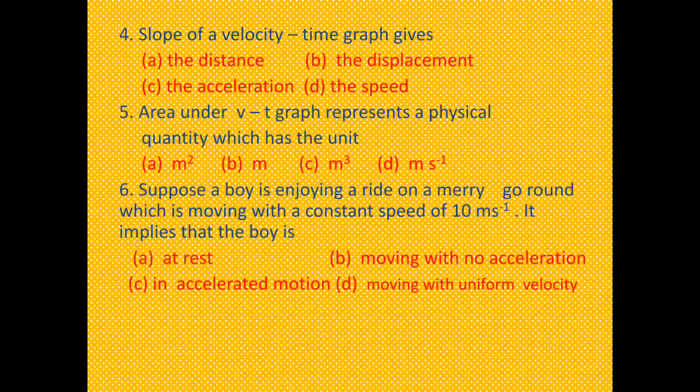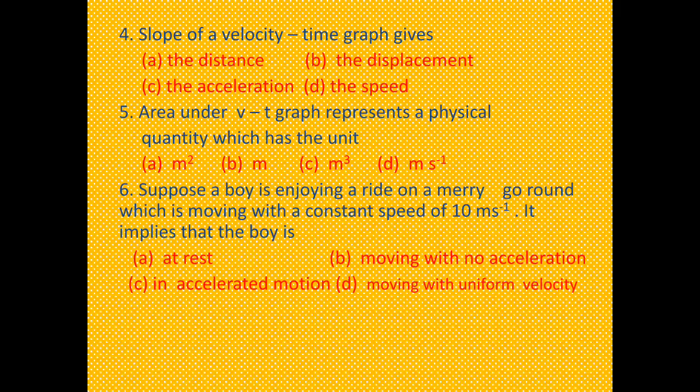Now in question number 6, suppose a boy is enjoying a ride on a merry-go-round which is moving with a constant speed of 10 meter per second. It implies that the boy is A, at rest, B, moving with no acceleration, C, in accelerated motion, D, moving with uniform velocity.